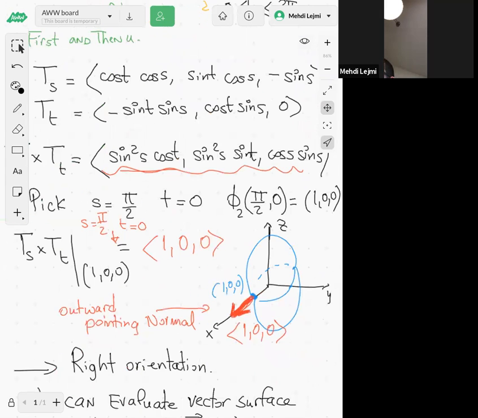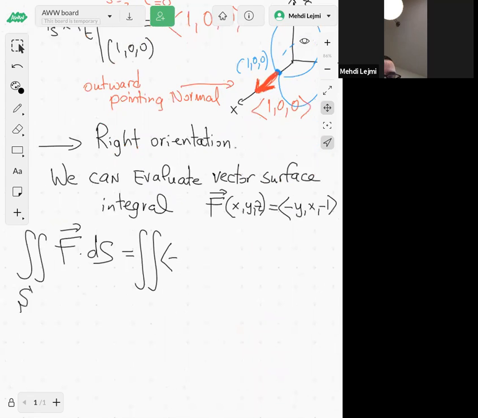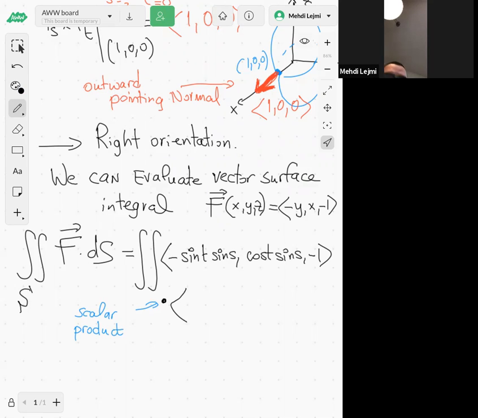So that's minus sine of t sine of s. x would be cosine of t sine of s, and then it's -1. Scalar product, of course, with the normal vector, with the outward pointing direction, right?